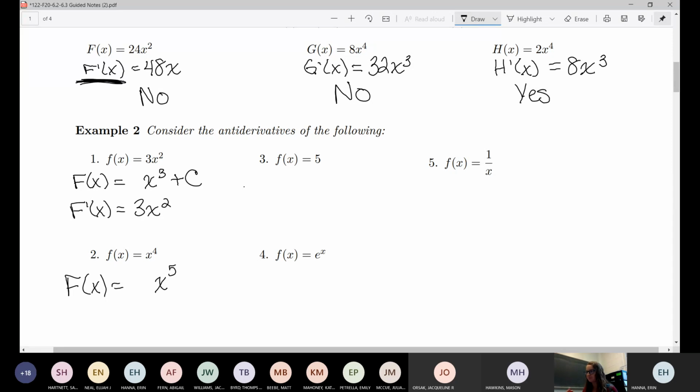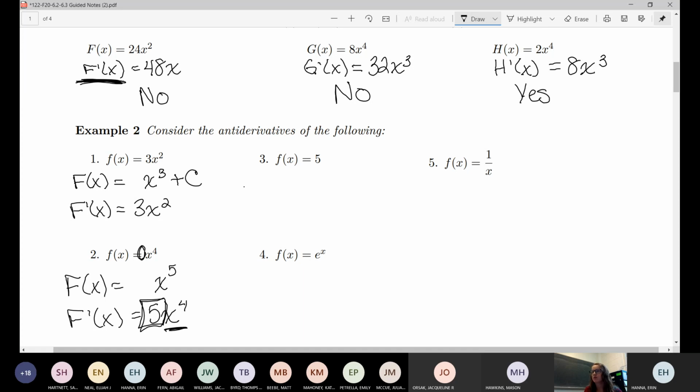Okay. Now notice that I don't have a 5 in the front here. So it doesn't work out as nicely as the first one because I don't have that number there. So let's think about what this derivative would be so far. We would get 5x to the fourth. So essentially I have the x to the fourth, but I have this extra 5 in the front that I don't want.